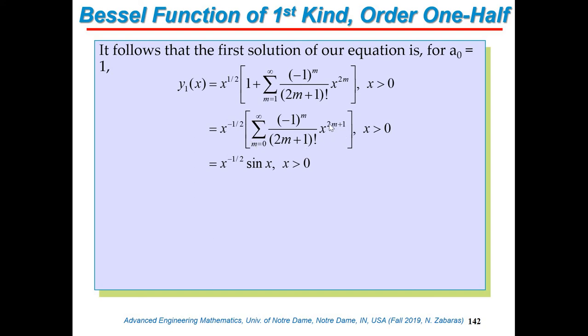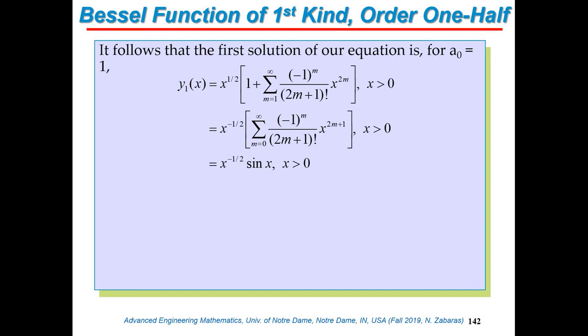If you take m equal to 0, you get x to the power minus 1/2 times x, you get x to 1/2. And the reason I'm rewriting this bracket like this is because this series inside the bracket is nothing else but the Taylor series expansion around x equal to 0 of sine of x.